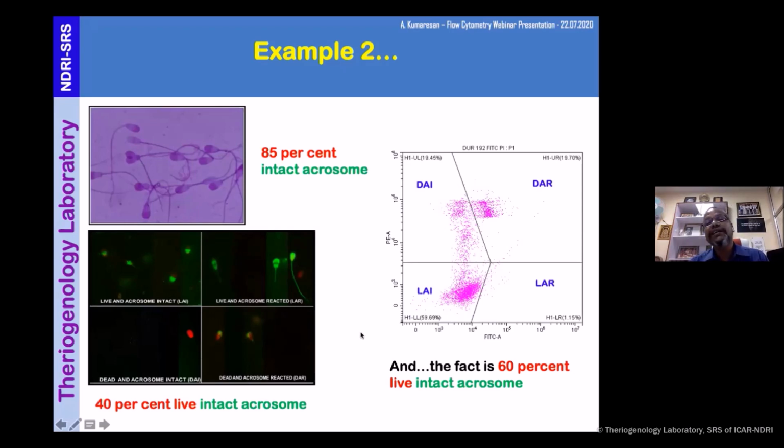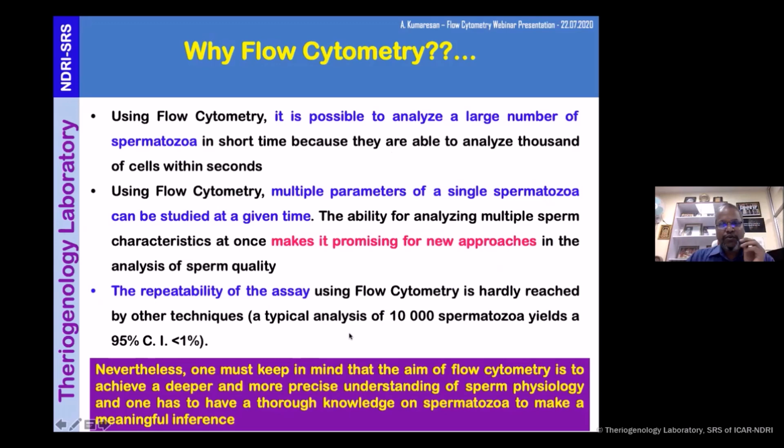The variability caused by the procedure we are using can be minimized when we use high throughput machines like flow cytometry. Why flow cytometry? It is possible to analyze a large number of spermatozoa using multiple parameters. So the repeatability is very important. The repeatability of an assay using flow cytometry is hardly reached by any other technique. The CI is less than 1%.